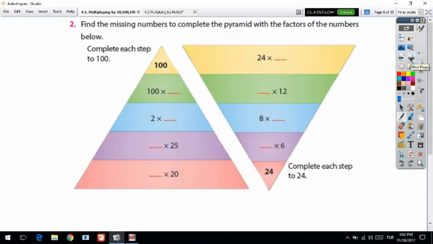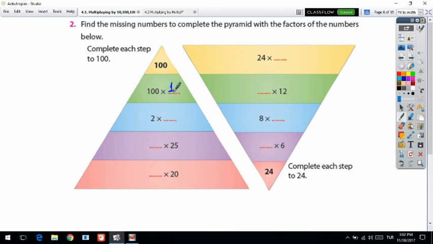Now let's look at another page. Find the missing numbers to complete the pyramid with the factors of the number below. Complete each number to 100. First you find 100 from these pyramids. How can you get 100 from 100 by multiplying? Just one number is left. What number is that? How can you get one number by multiplying itself?